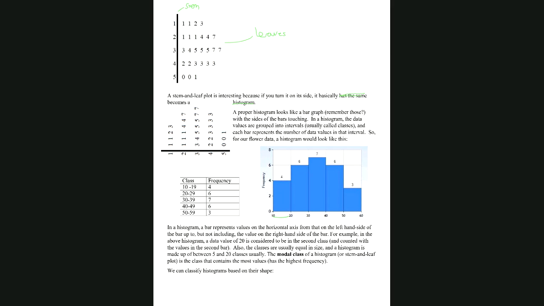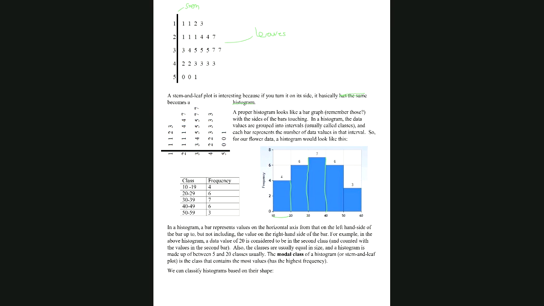So 20 to 30, right? And it's not really 20 to 30, it's really 20 to 29. So 30 starts the new one. So these are all not included. Like this 20 is not included in this first bar. 30 is not included in the next bar. It's included in the other one. 40 is not included in this bar, the bar to the left of it. It's only included in the bar to the right.